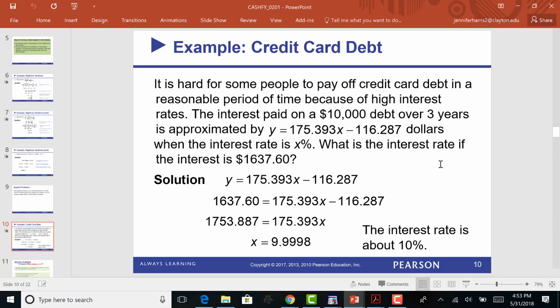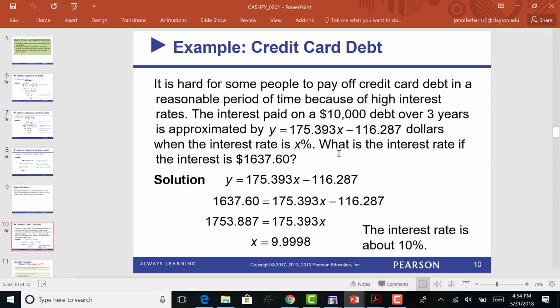So, do you have an equation? You do. If they give you an equation, you are going to have to use it. In the last question or sentence, they give you another piece of information to use. Did they give you a y value or an x value here? A y value, because the x values are percents. So again, if they give you a y, plug the y into the equation they gave you.